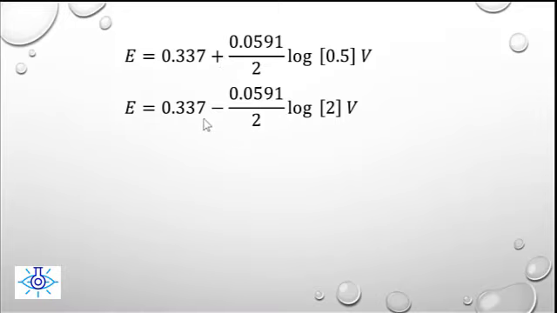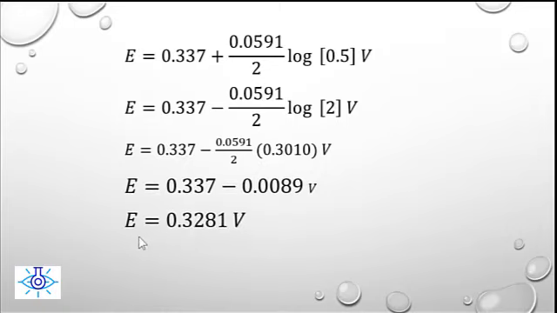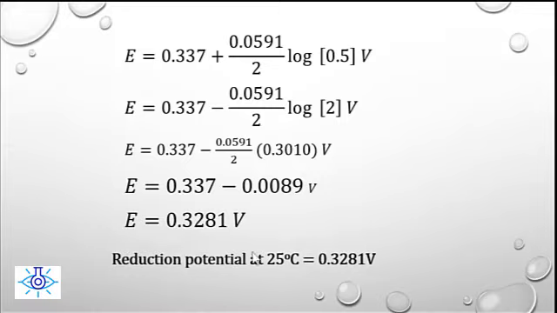So this becomes minus 0.0591/2 log 2 volt. Substituting the value of log 2, we get E = 0.3281 volt, which is the reduction potential at 25 degrees Celsius.